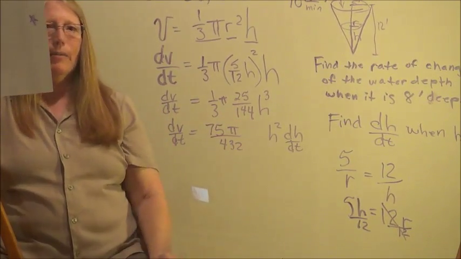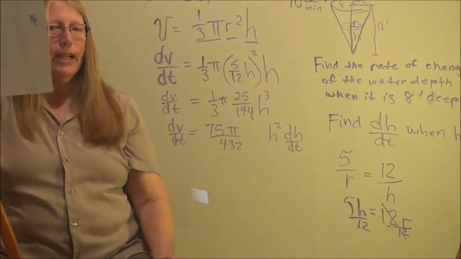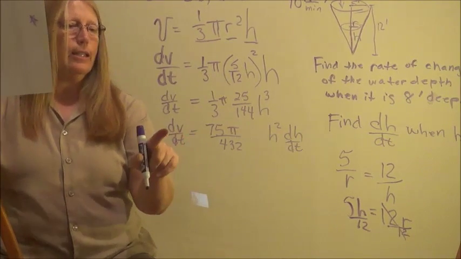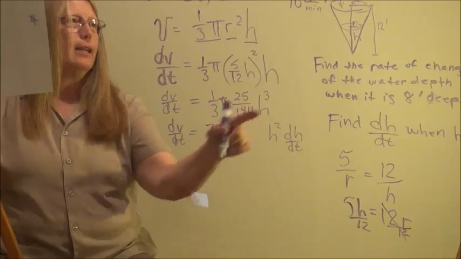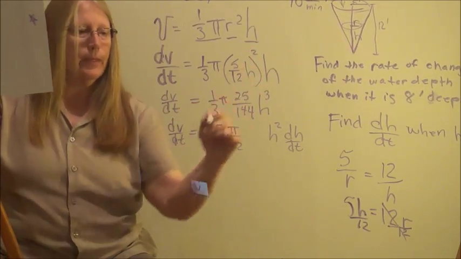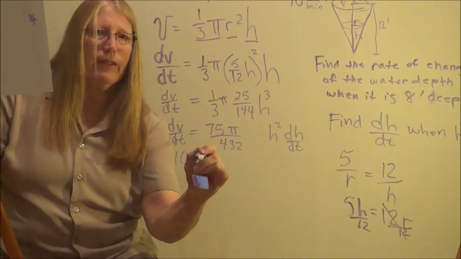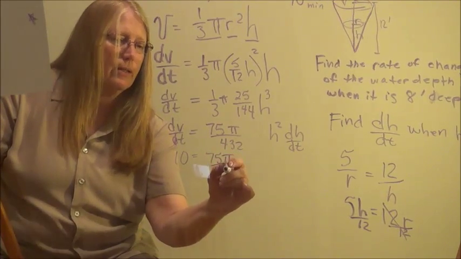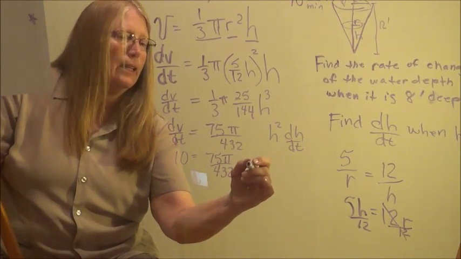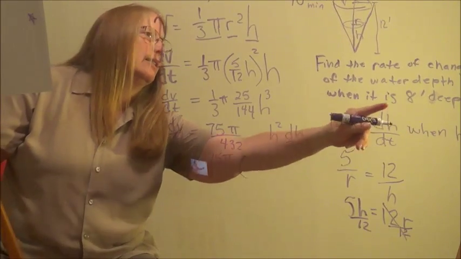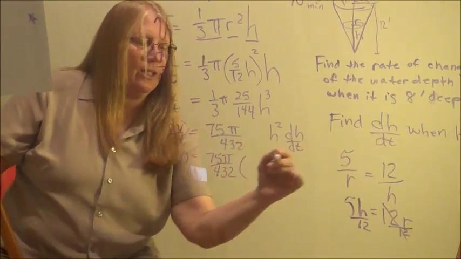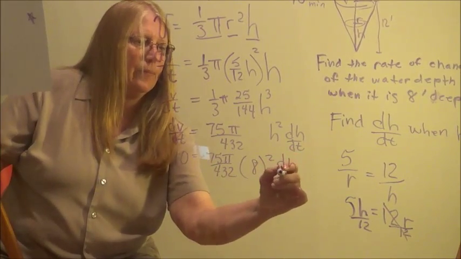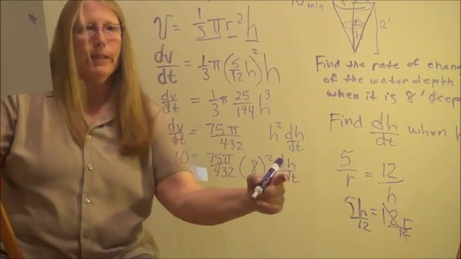Now I'm going to substitute in everything I know and solve for what I don't know. I know that the change in volume with respect to time is this 10. 75 pi over 432. And then h is, at the time, h is 8. It's squared. dh dt. So I know everything except what I'm looking for.